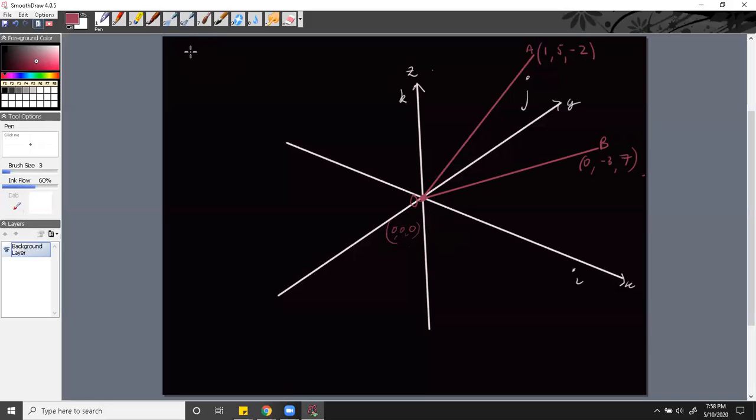So the position vector OB is now going to be 0i minus 3j plus 7k. And OA is going to be i plus 5j minus 2k. So these are now position vectors, and we can obviously write those in 3D as column vectors: 0, minus 3, 7, and 1, 5, minus 2.